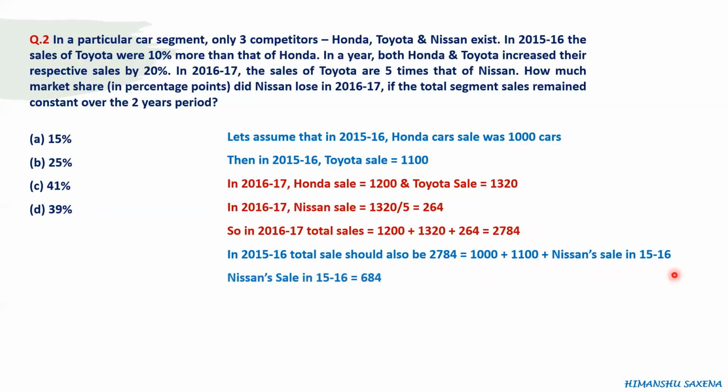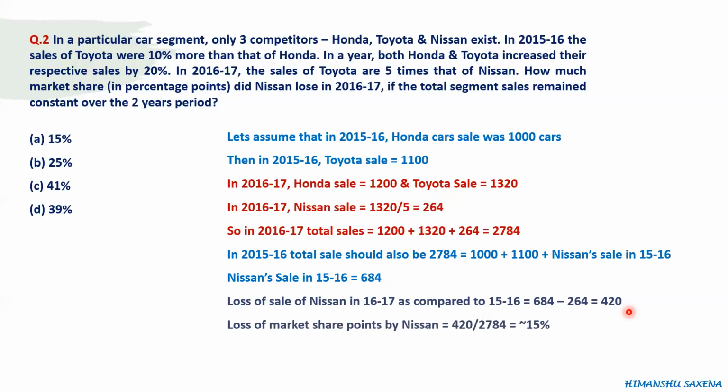So Nissan's sale in 15-16 would be 684, which means Nissan's sale has dropped from 684 to 264 over a period of 1 year. So loss of sale of Nissan in 16-17 as compared to 15-16 is 684 minus 264, which is 420. 420 cars they sold less.